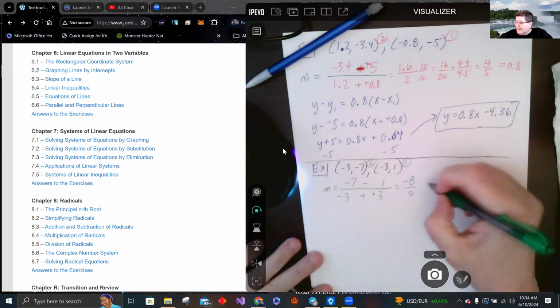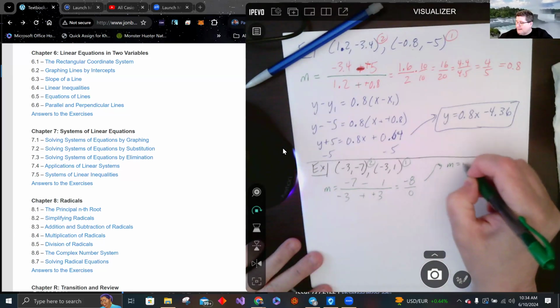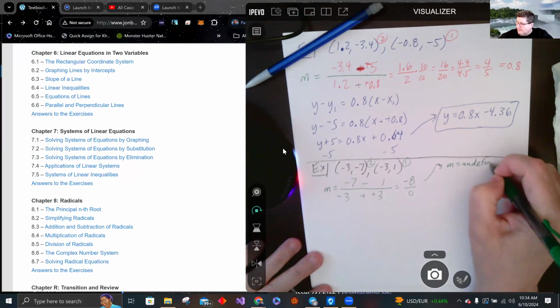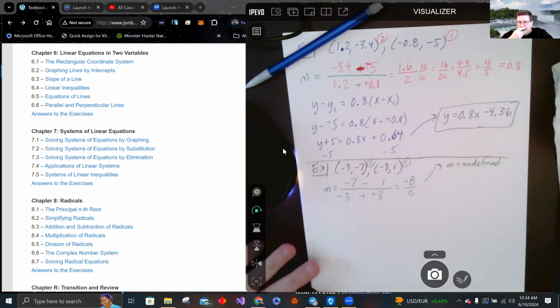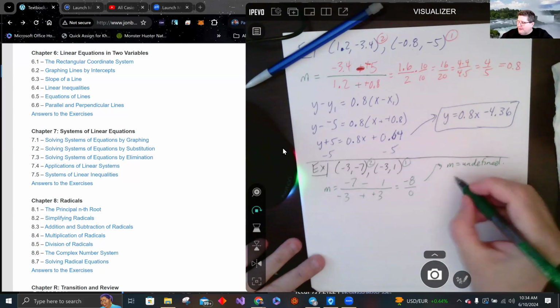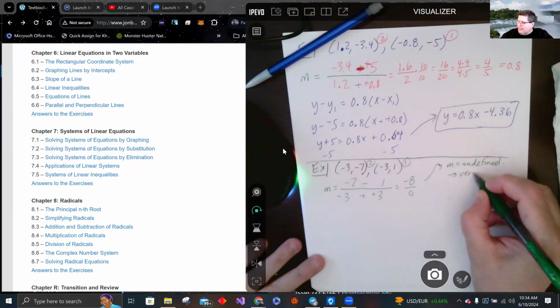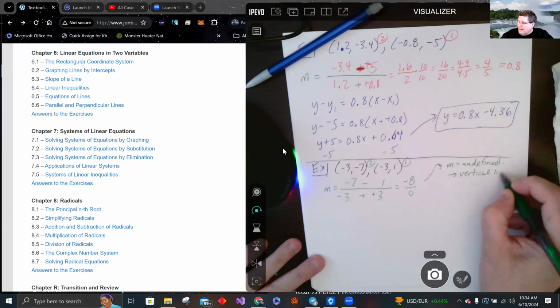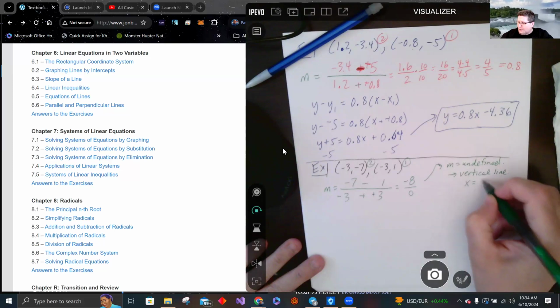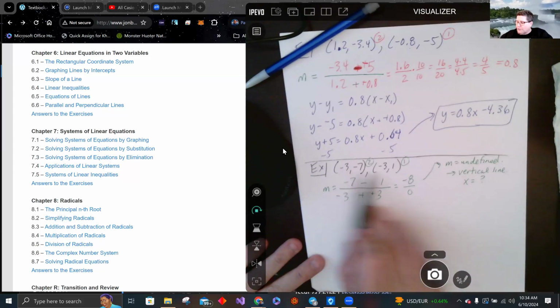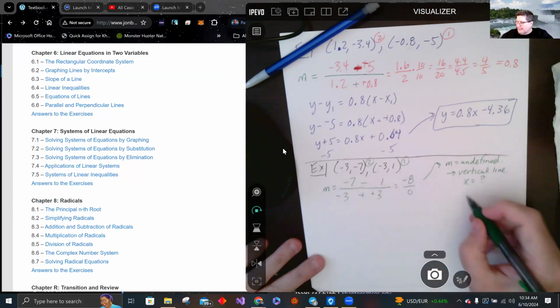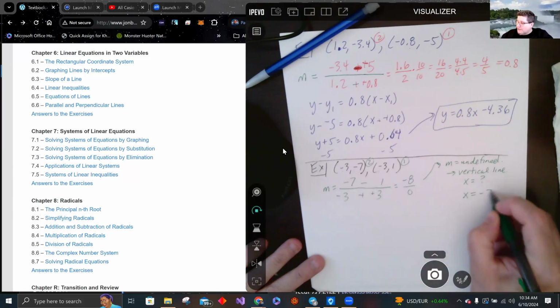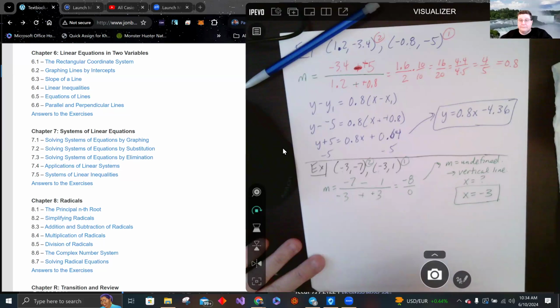That is, m is undefined. And if you think back, m is undefined when this is a vertical line. And that has the equation x equals something. We'll see that in both of these, x is -3. So that's going to be the equation of the line.